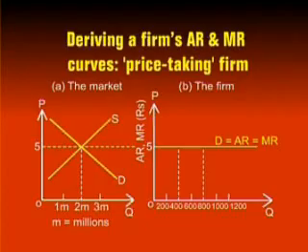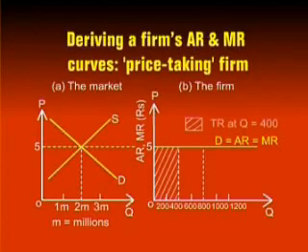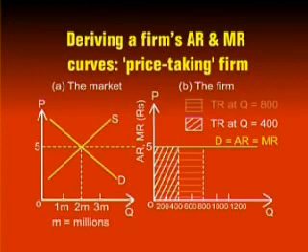So if the firm decided to produce, let's say, 400 units, then the area up to 400 under the demand or average revenue curve would be 400 multiplied by 5. That is 2000. If the firm decided to produce 800 units, then the area under the curve would be 800 times 5, which is equal to 4000.